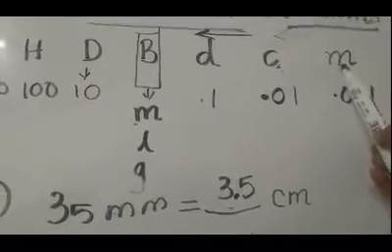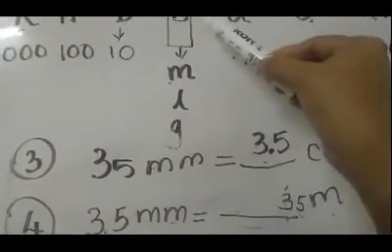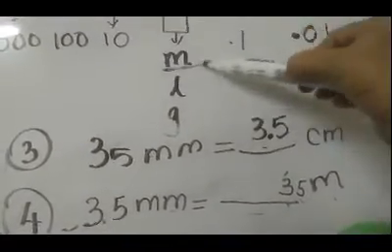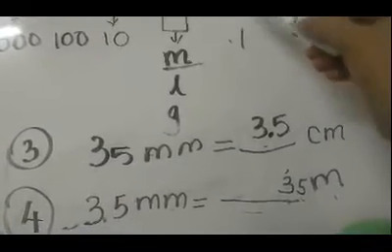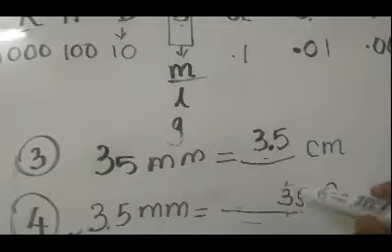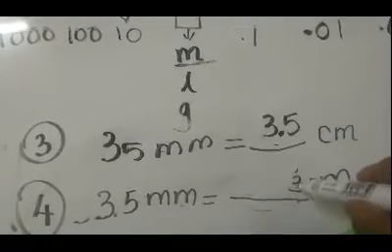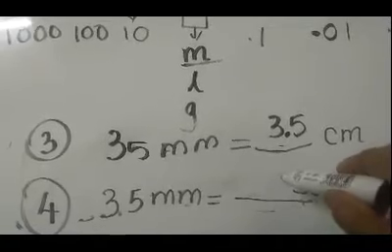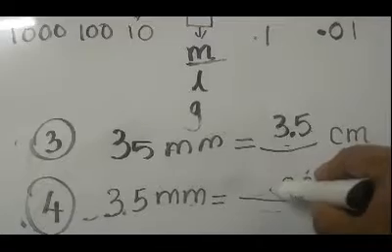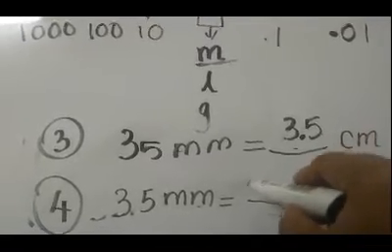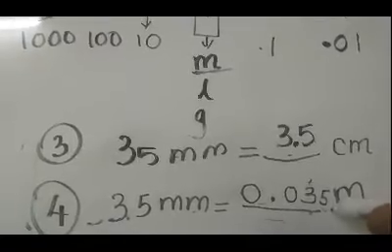From here we want to move up to meter. This is meter. So you have to count how many steps. 1, 2, 3. So I write 35. Then count from here 1, 2, 3. Instead of the third number, I write 0 and put a decimal. So I get the answer as 0.035 meter.